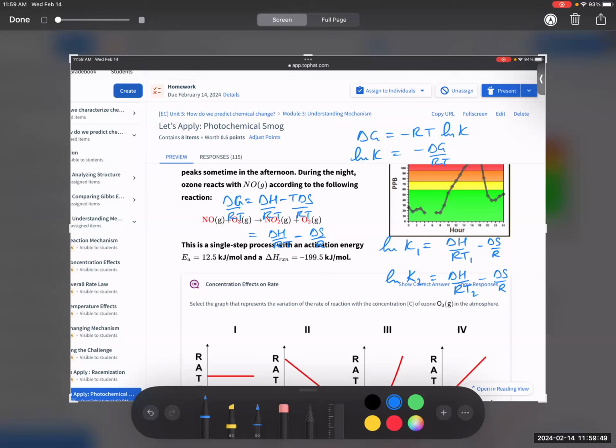So this should be positive: e to the power of minus delta H over RT plus delta S over R.